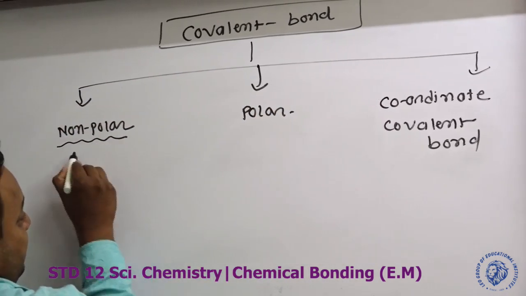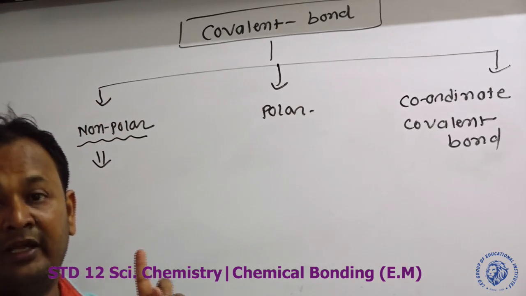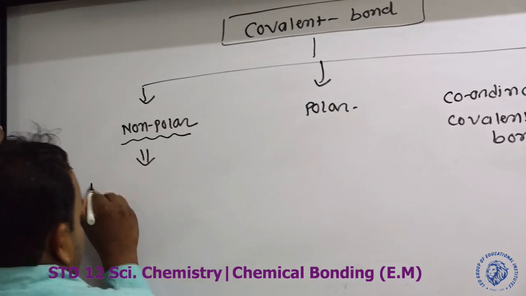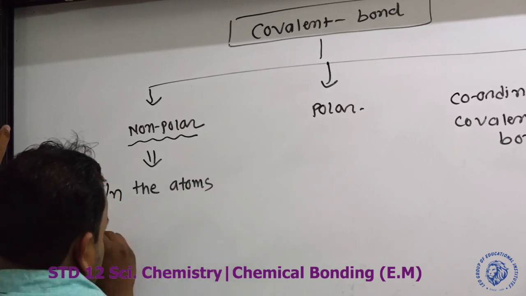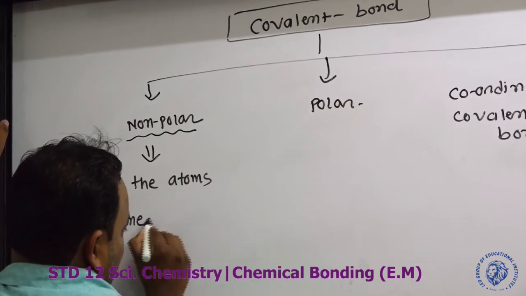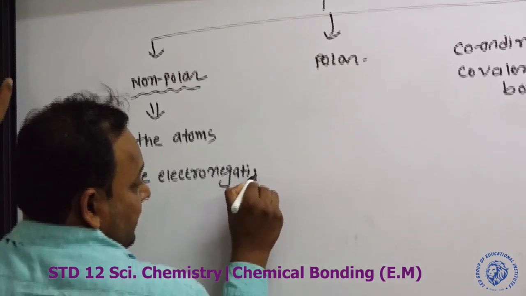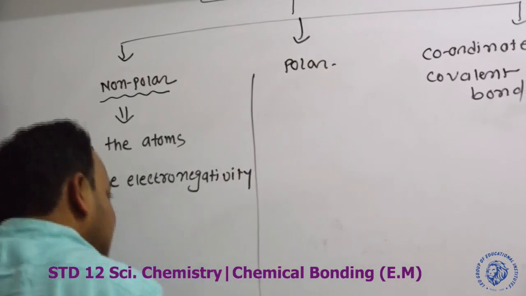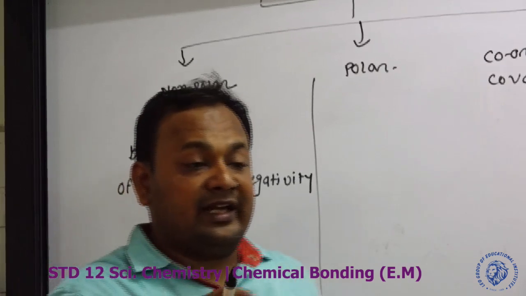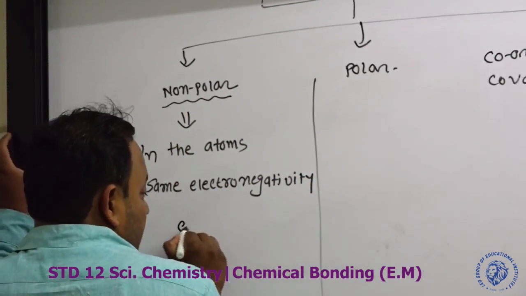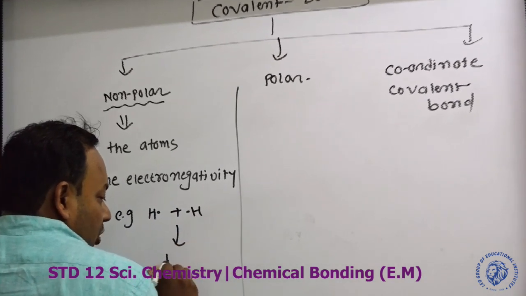Non-polar covalent bond is formed between the atoms of same electronegativity. When it is formed between atoms of same electronegativity, for example between two hydrogen atoms, if bond is formed by sharing of its electron, H2.